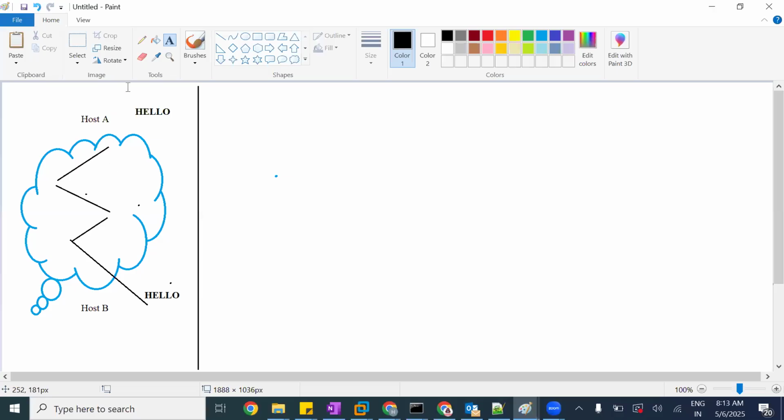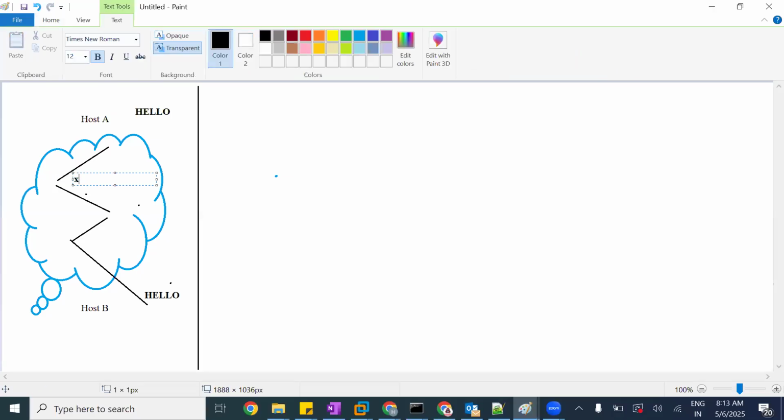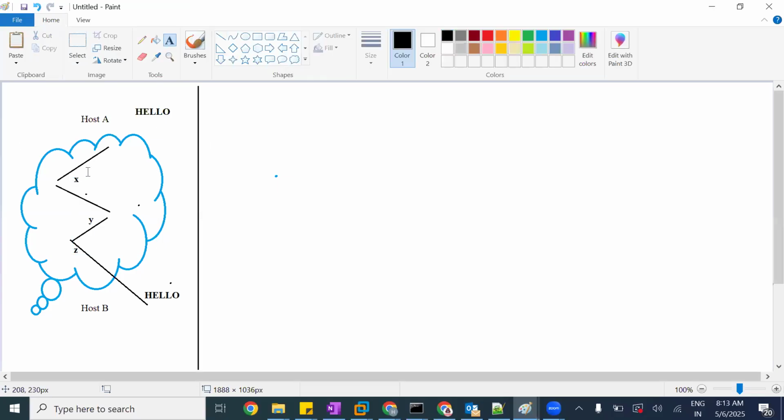And there are some computers which you are not aware of, but you might be aware of their IP addresses. Say for example, X is here, Y is here, and Z is here. Three systems are there in the internet. That's how the network packet goes through the internet.